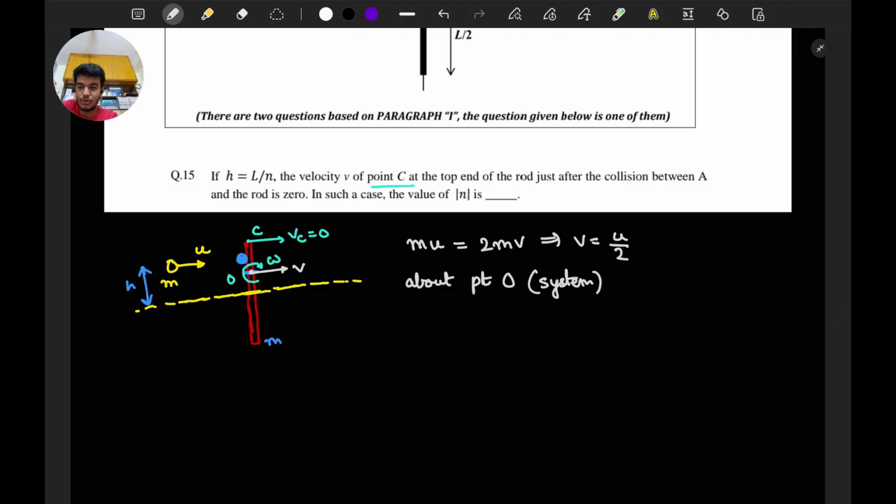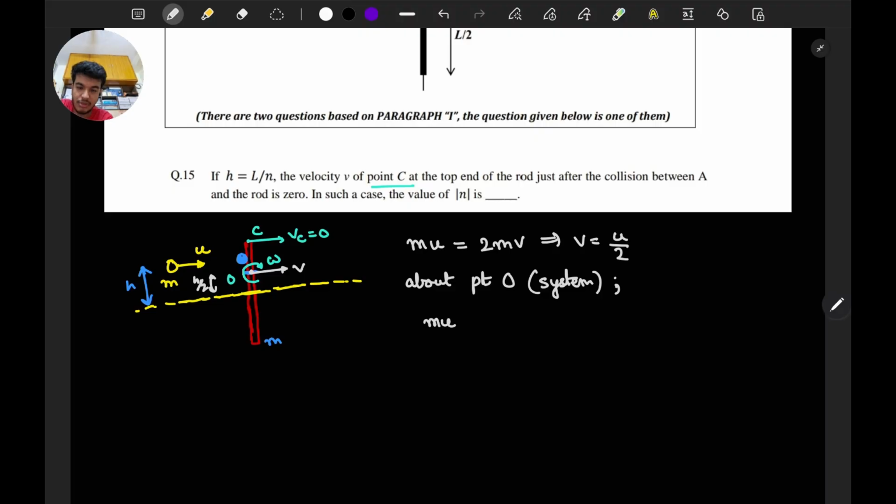So about point O, there is no external torque whatsoever. So what we can do is basically conserve the angular momentum about the point O, because there is no external torque. So let us do that first. If this is h, then obviously this length is h by 2, right?